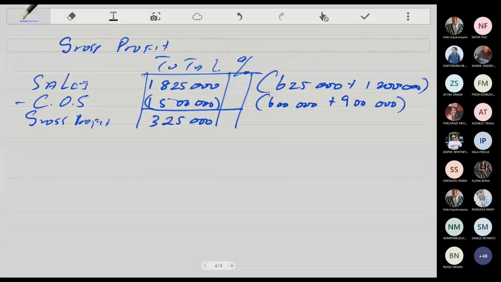So what we want to work out here, guys, is the constant gross profit. So take the 325,000, which is your gross profit, and divide it by the sales of 1,825,000.